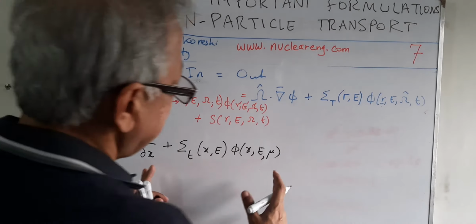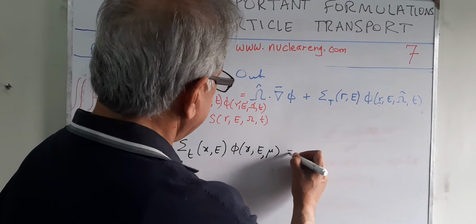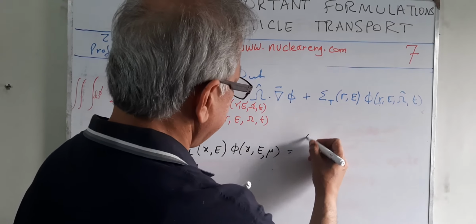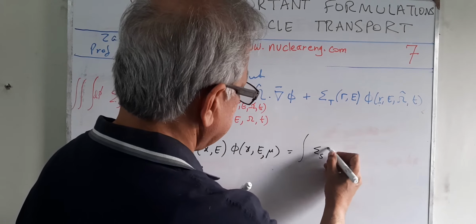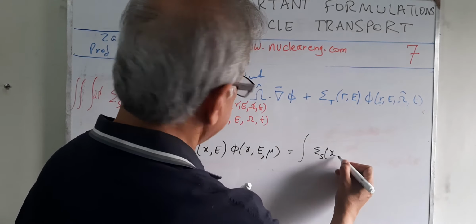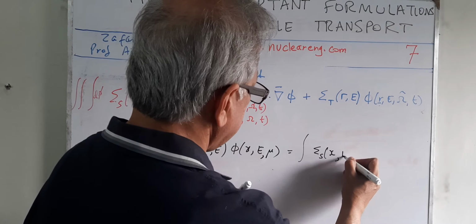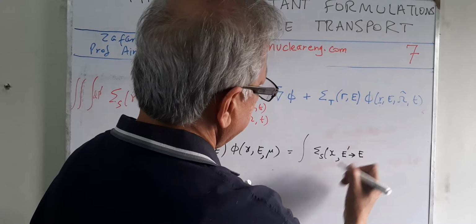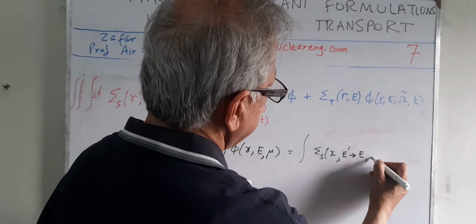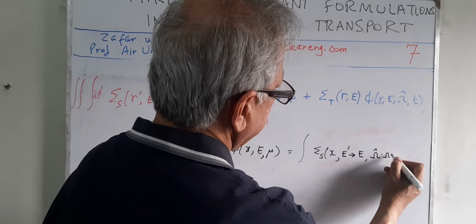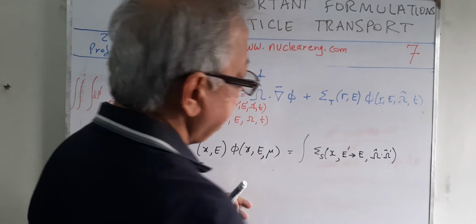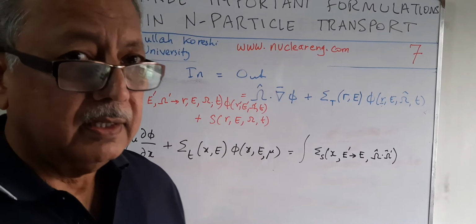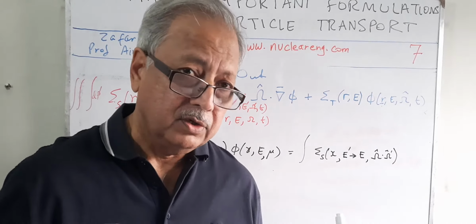So this becomes the left hand side, and the right hand side becomes the in-scattering term. So sigma s at x, let's say it's at the same x, and e prime to e. And now let me write omega dot omega prime, because collision doesn't depend on the two angles.